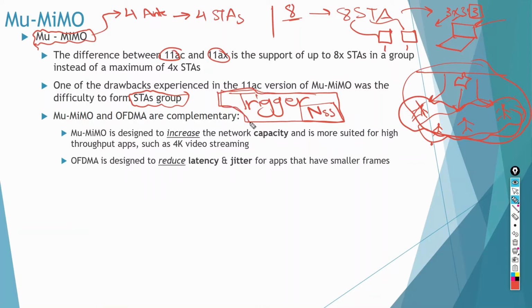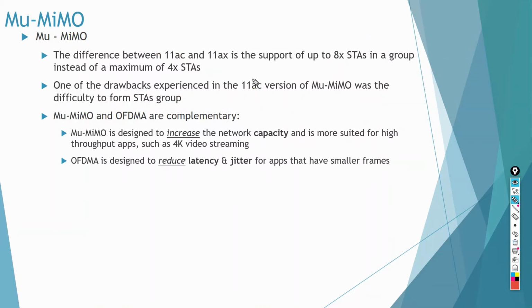Okay, good. Let me clear things. We have discussed MIMO, which is a multi-user technology that uses the antennas to communicate with multiple users. And we have OFDMA, also a multi-user technology, borrowed from the cellular world, as we have discussed.